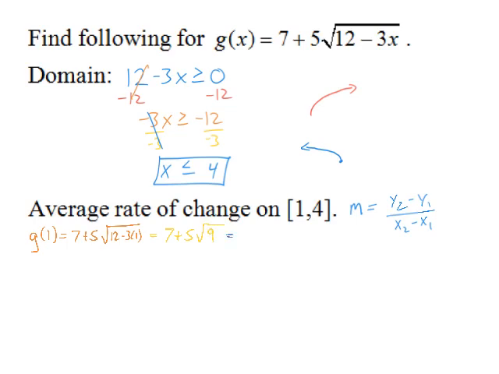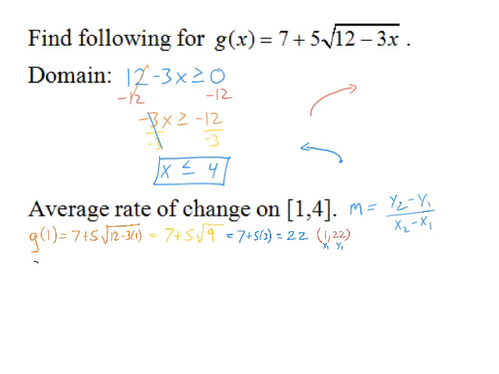So won't that be 7 plus 5 times 3? Won't that be 15 plus 7, which is 22? So don't we have a coordinate (1, 22)? That coordinate of (1, 22) is your x1, y1. I just found my first coordinate, g of x at 1.